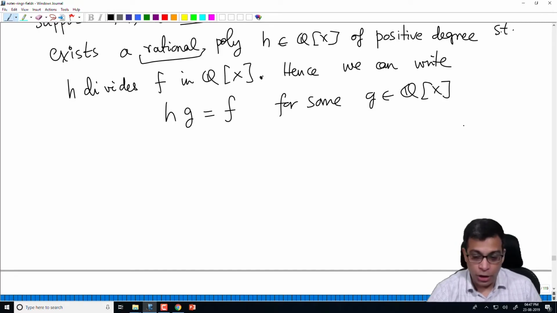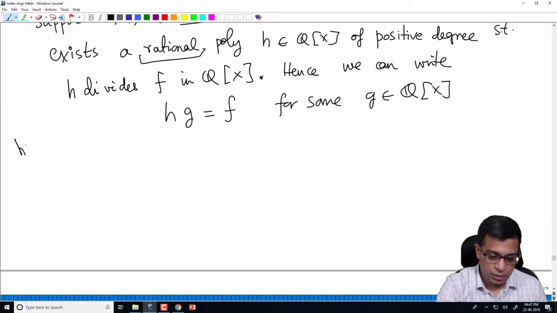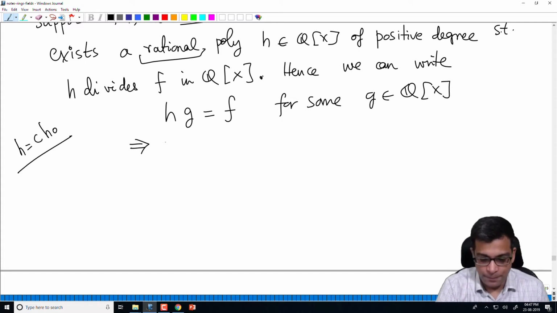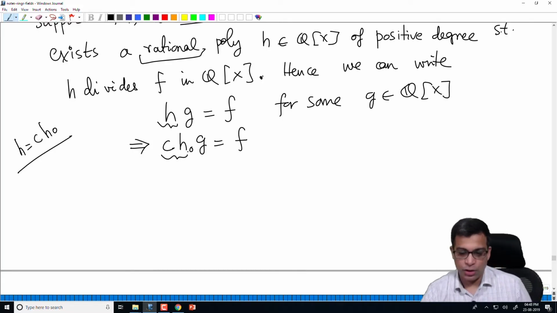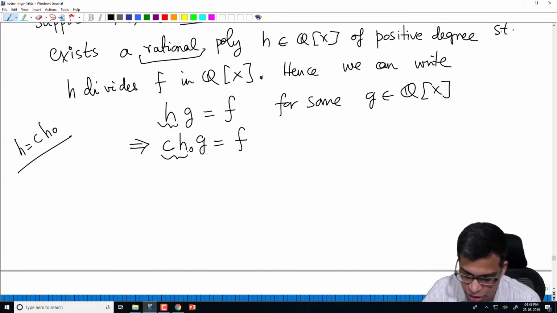But now again we use our crucial proposition. Every rational polynomial can be written as its content times a primitive polynomial. So this implies c times h0 times g equal to f. I am just replacing h by ch0. So ch0g is equal to f.